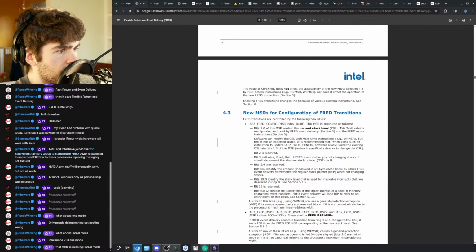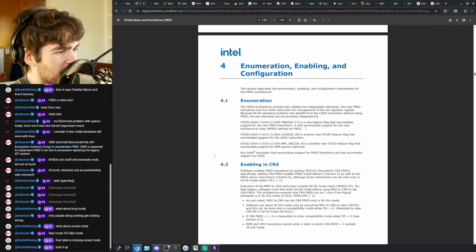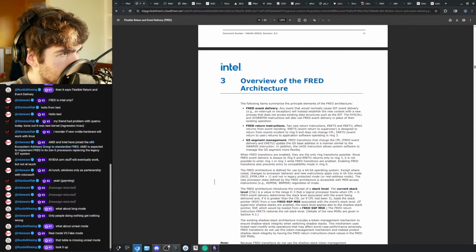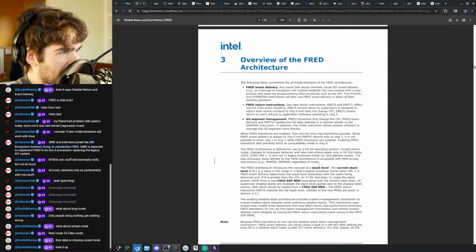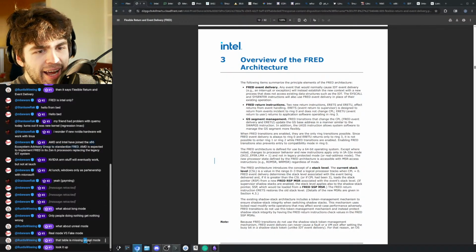Can we know what the registers are? And yes, it needs to be a F-word register. I read all this and I had no clue what it was talking about.